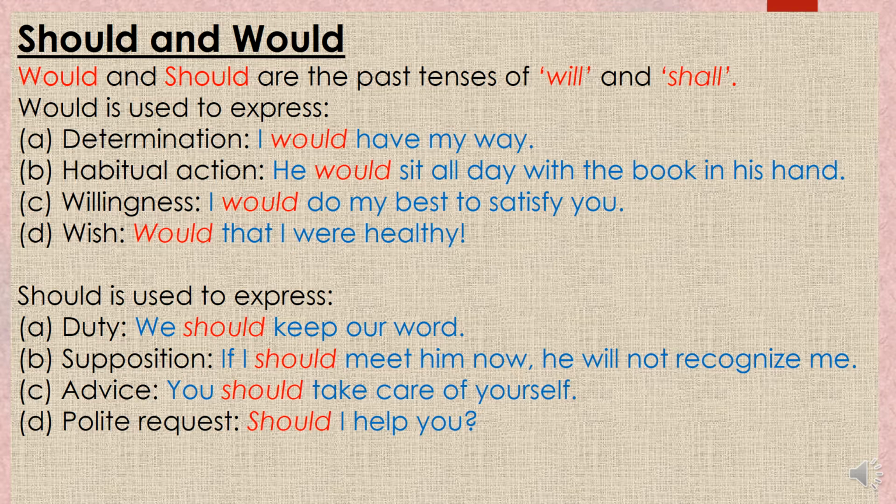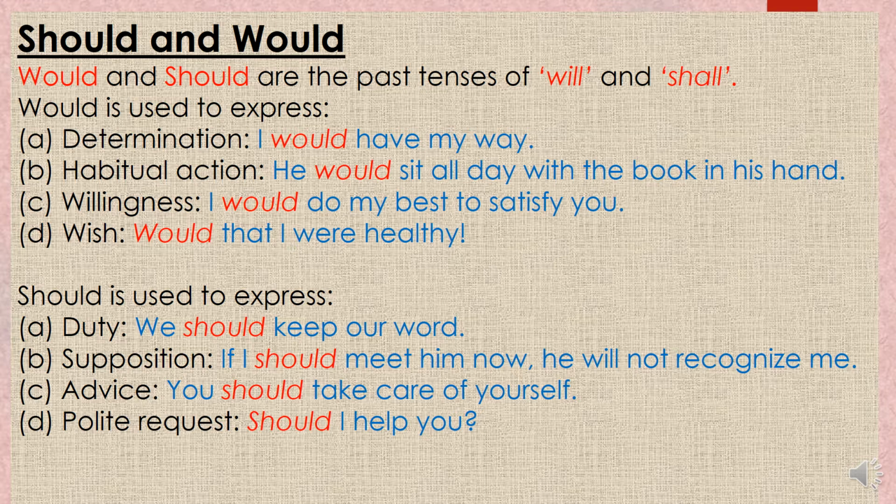So you see where would is used and what it expresses. See, first, determination. You have seen in the definition that would is the past tense of will, but not always is it used to frame a sentence in past tense. It can be used for future tense also.